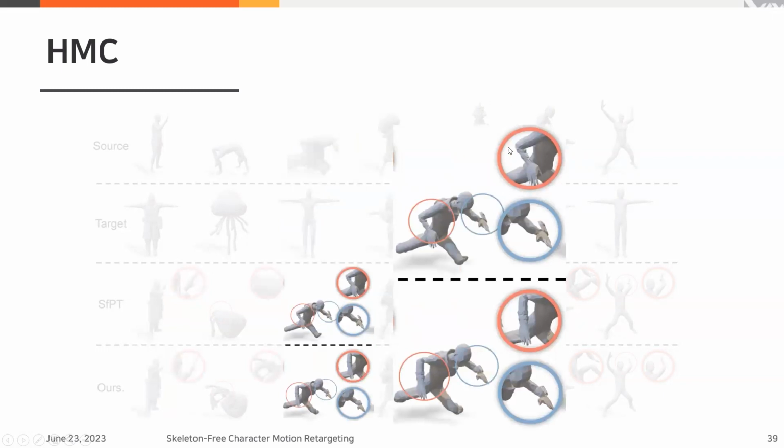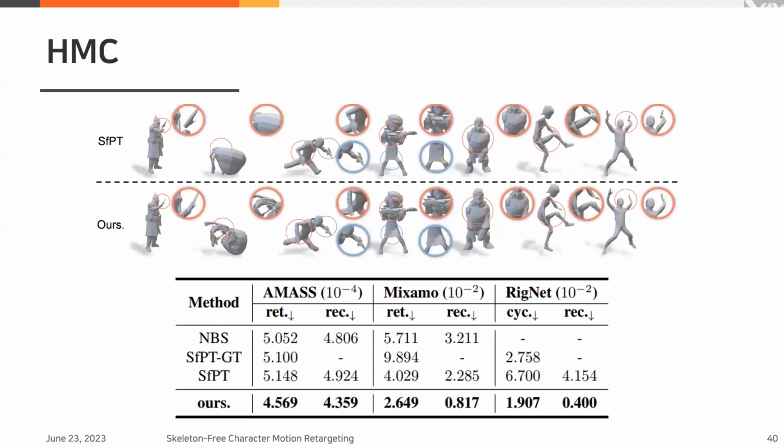And here the reconstructed model from SFPT has a twisted mesh. However, the proposed method shows quite nice results. And the quantitative results also show the proposed method is better than the other method.